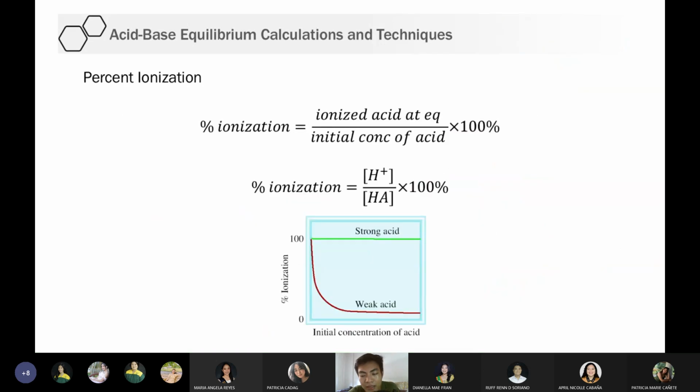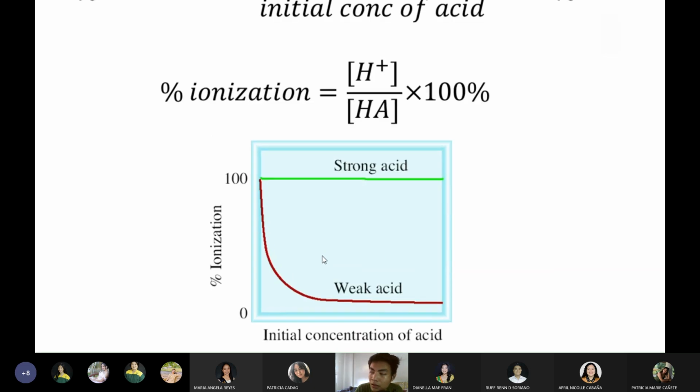Okay, so yan, let's proceed with the next part. Let's talk about percent ionization naman. Okay, so since there are two types of electrolytes, that means magkaiba tayo ng ionization for each category. For strong electrolytes, sabi natin, the ionization is 100%. No? So if you have a strong acid, look at this graph.